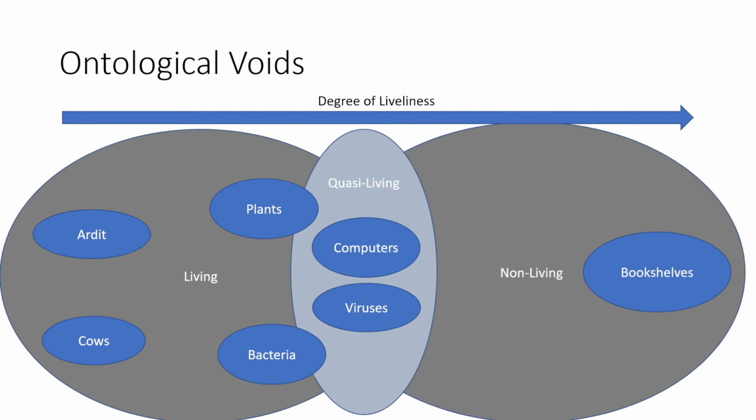And I actually want to put computers in the same category, especially modern computers. And when I say computers, I don't mean just computers, but also artificial intelligence software, where they display the ability to adapt, to react, to evolve. And personally, I almost see them on the same level as bacteria.